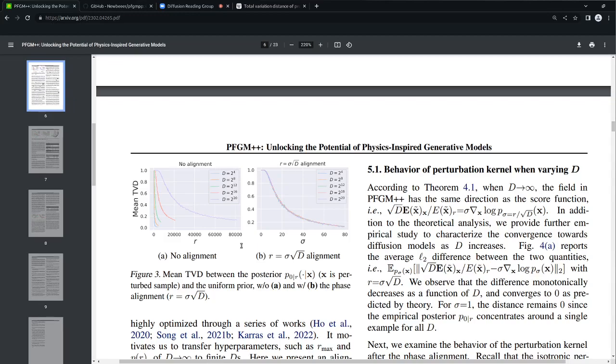So basically the idea is that if you have different D, then your range of R will be different for each D, right?